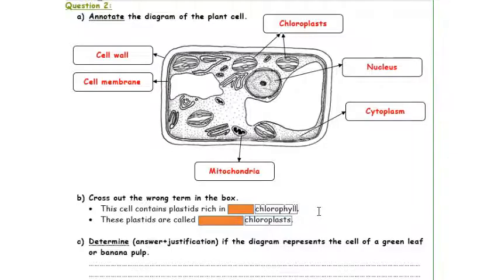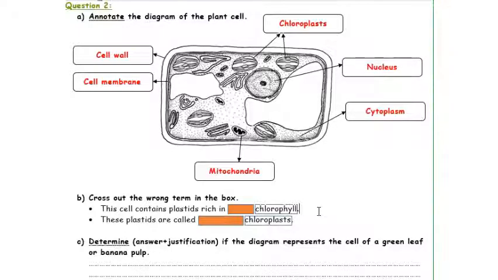The green leaf is green, so it has lots of chlorophyll in it. These chlorophylls are inside plastids called chloroplasts, and these chloroplasts give the leaf the green color. While the banana pulp is yellow, it does not have chlorophyll in it.